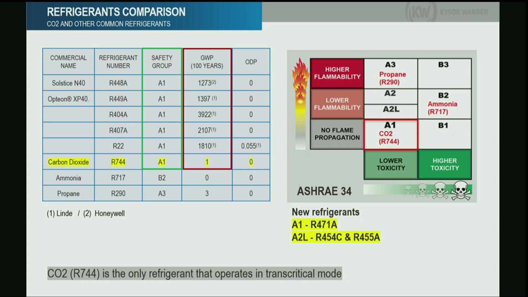So all HFCs will operate in subcritical mode. If you hear the term transcritical system or transcritical refrigeration system, the only system that you can talk about in that case will be CO2. There is no other refrigerant right now that will operate in transcritical mode. It's only CO2.